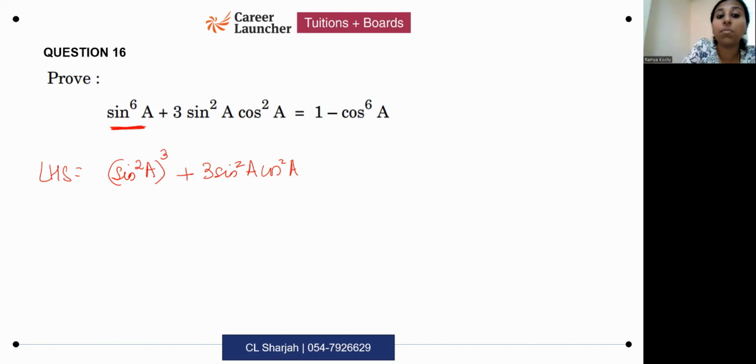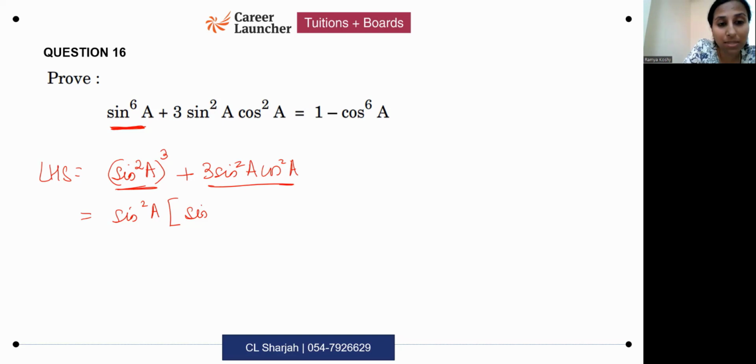Now, what can you take common out over here? I can take sine square A common. So what will be left? 1 to the power of 3 plus 3 cos square A. Sine raised to 4.